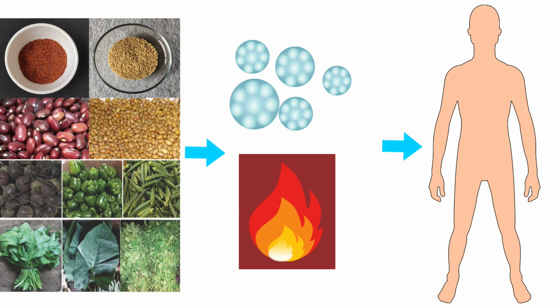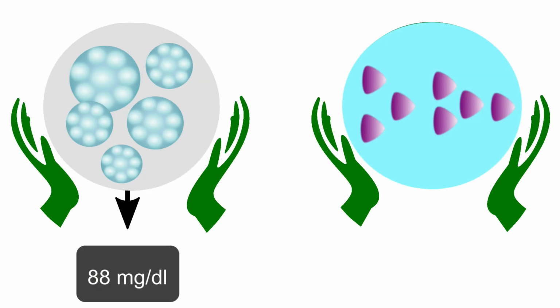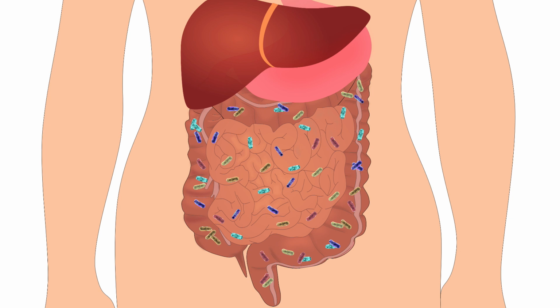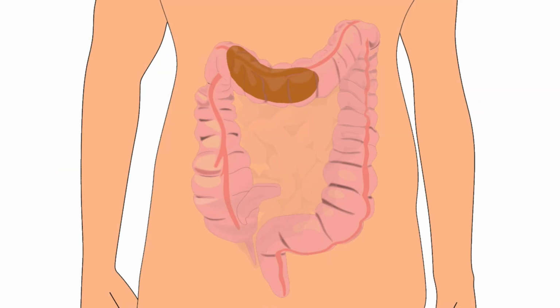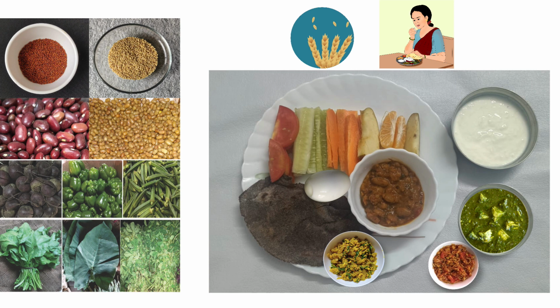Therefore, whole foods release energy and glucose gradually in the body. They keep our blood sugar and insulin levels stable. The fiber in whole foods feeds our friendly gut bacteria. It also lowers cholesterol absorption and helps bowel movement. It is best to eat complex carbohydrates from whole foods.